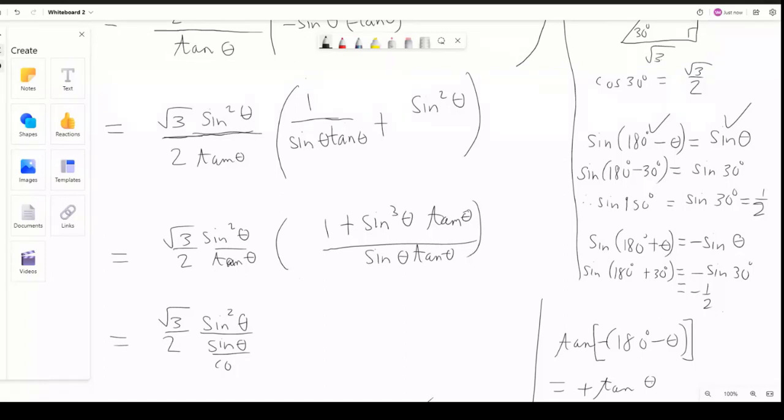This is sine theta over cos theta, right? Can you see that, guys? It's sine over cos. So you can write it like that, and then the sine cancels there, and so on. But for now, I just want us to leave this part a bit. It looks complicated. I want to leave this for the end.